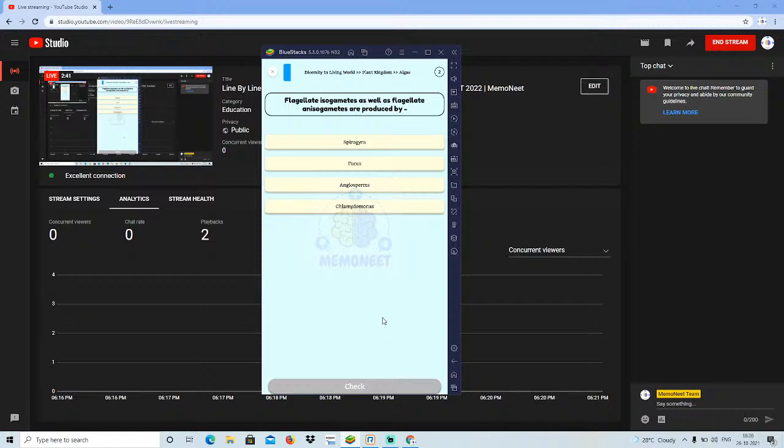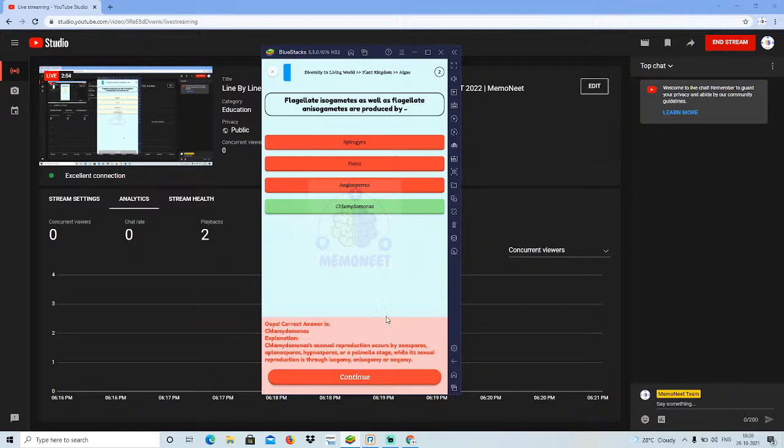I believe it's brown algae, so I think I should go with Fucus. Fucus is a brown algae. No, it's Chlamydomonas. Chlamydomonas asexual reproduction occurs by zoospores, and sexual reproduction by isogamy, anisogamy, or oogamy. So flagellate isogametes as well as flagellate anisogametes are produced by Chlamydomonas.